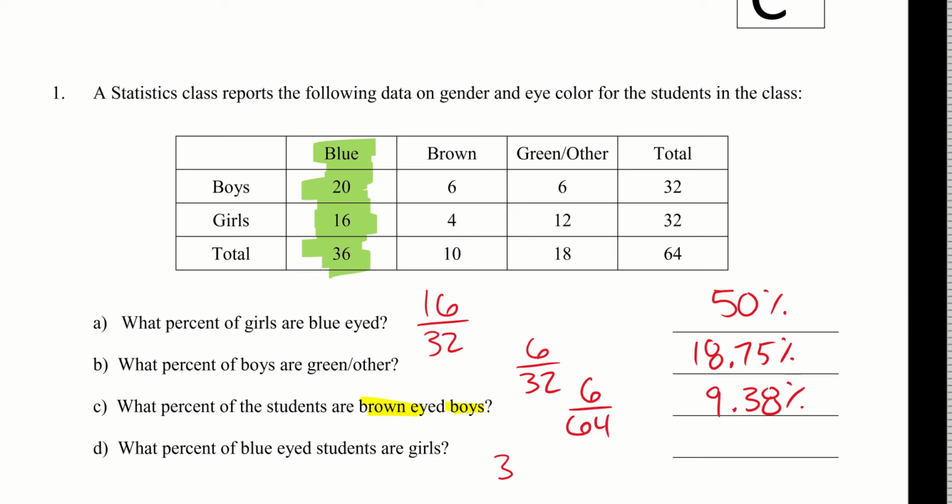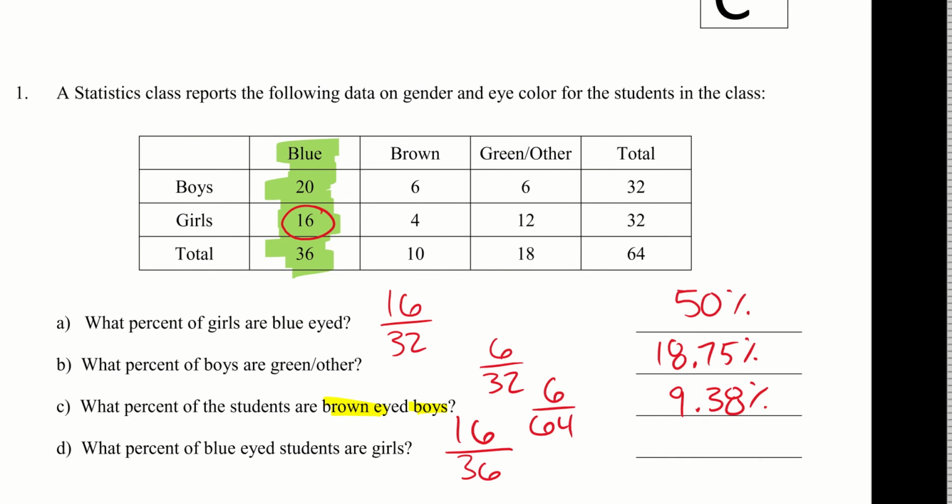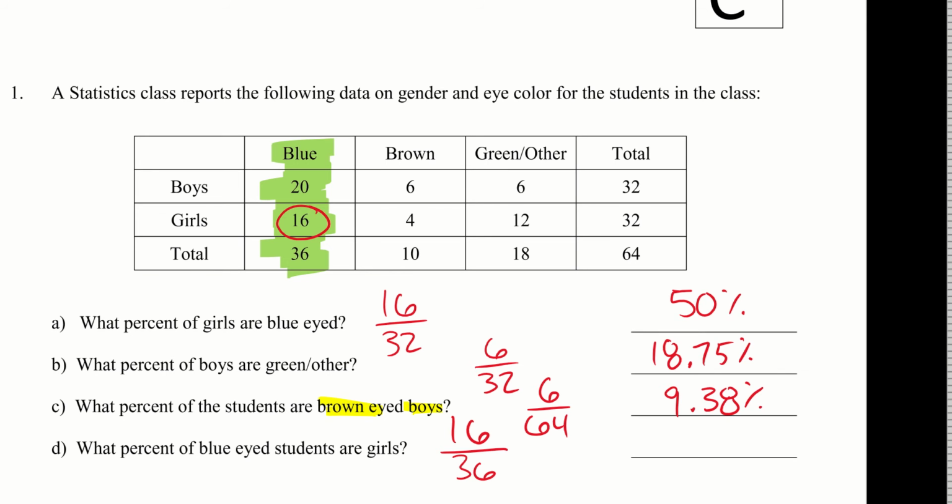And I can see that 16 of those 36 were girls. So 16 of the 36 students who had blue eyes were girls. So I would say this is about 44.44%.